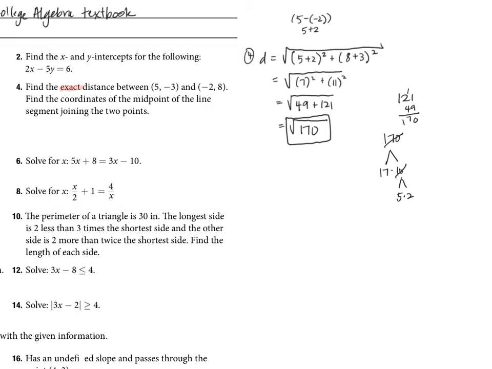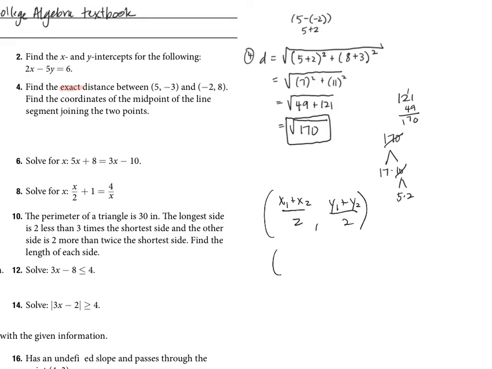And then find the coordinates of the midpoint. So the midpoint is found by using the formula x1 plus x2 divided by 2. You're basically just averaging the 2 points and finding the middle. And then y1 plus y2 over 2.